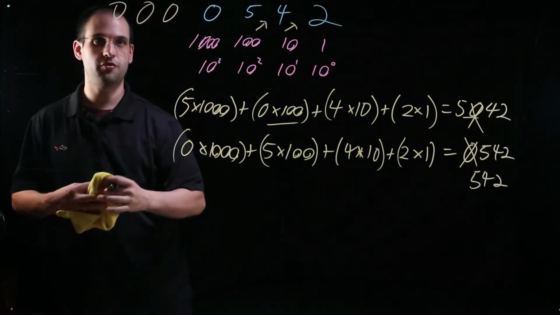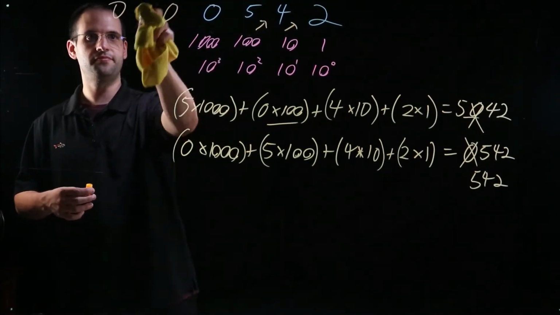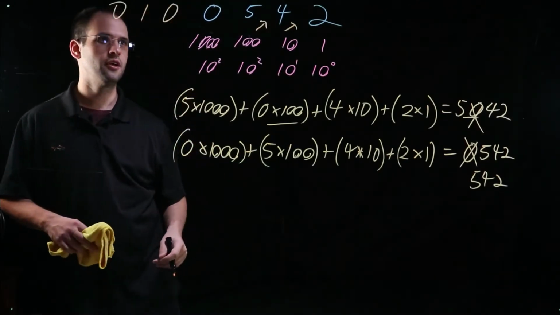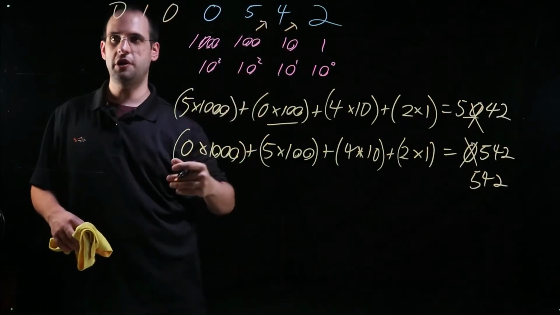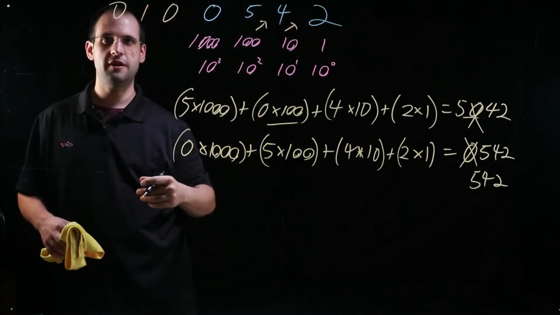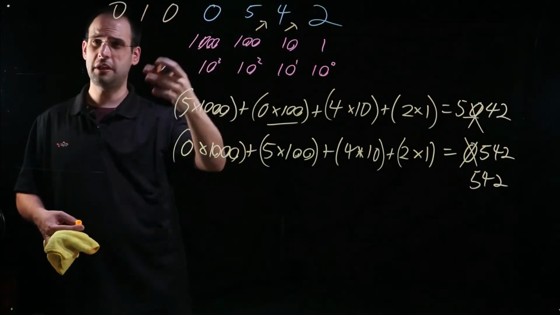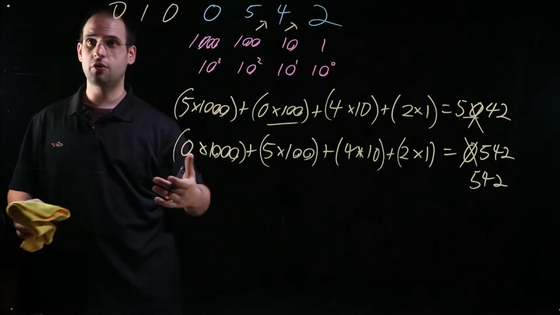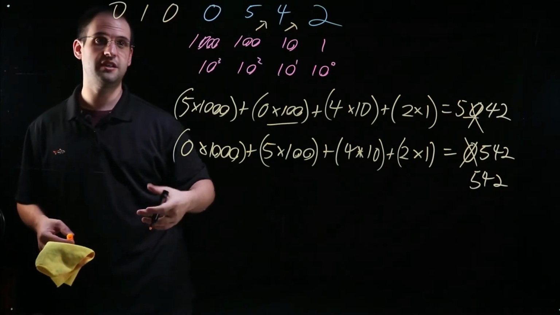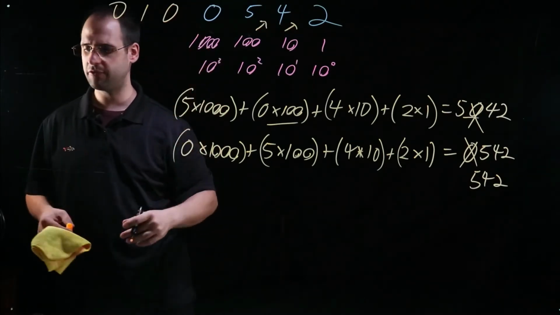But if we take one of these and put a 1 here, it's now 100,542. So the position of a value other than 0 in relation to 0 somewhere in the number could negatively affect it if we dropped any zeros. So just be mindful of that.